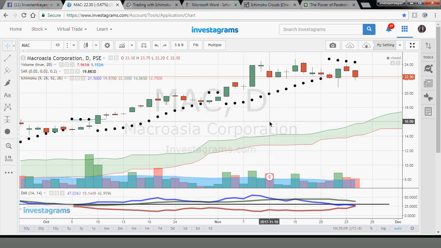So yun lang naman for position trading. It's really easy, di ba? Actually, hindi ko na masyadong tinitingnan yung cloud kasi may ibang indication naman ako tinitingnan. Tinitingnan ko lang siya kung nasa taas ba siya ng cloud, bullish ba yung cloud. Nakikita natin bullish naman siya. Tapos dito Senkou Span A, nasa taas siya ni Senkou Span B.